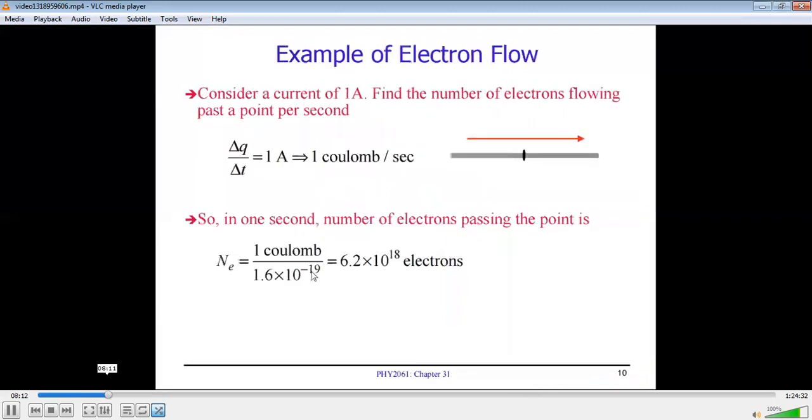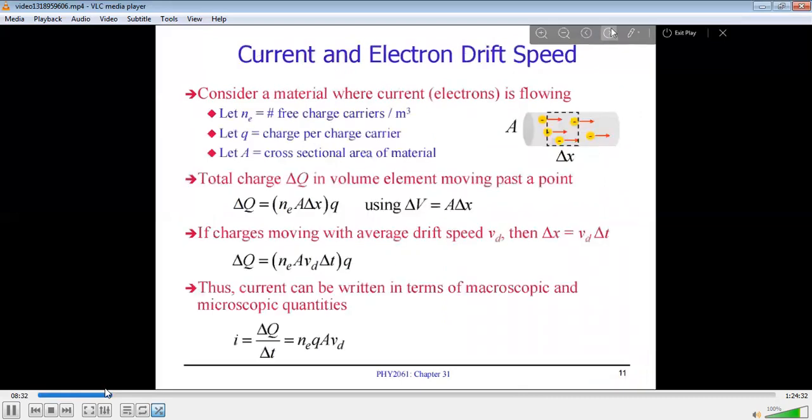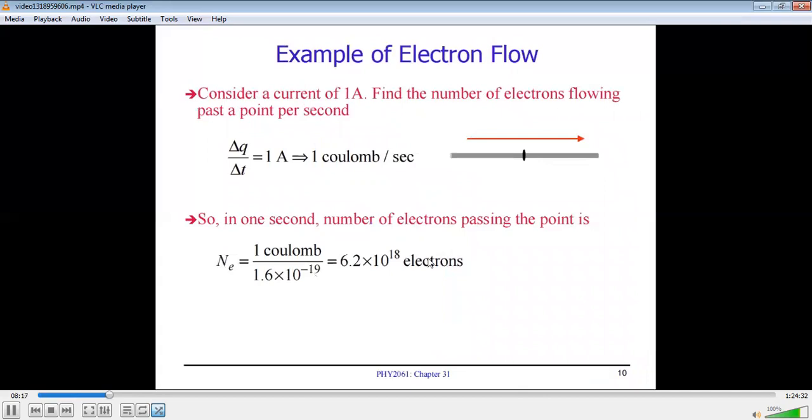Now, example of electron flow. Consider a current of 1 ampere. Find the number of electrons flowing past a point per second. That means the rate of amount of charge with respect to time will be 1 coulomb per second. So in 1 second, the number of electrons passing through the point is, you must know, 1 coulomb divided by 1.6 times 10 to the power minus 19, which is the charge of an electron.